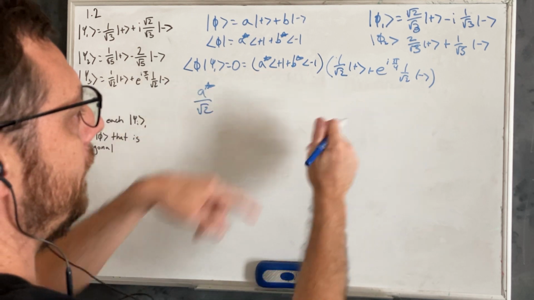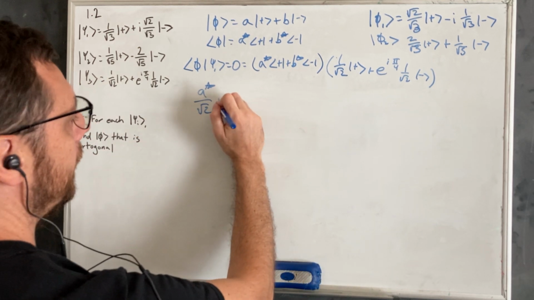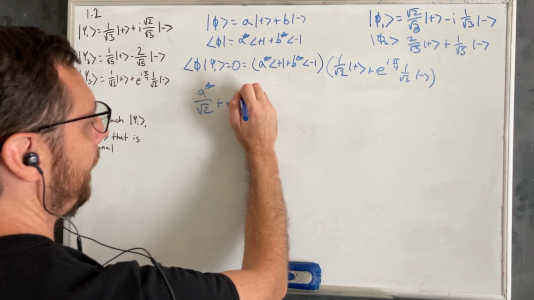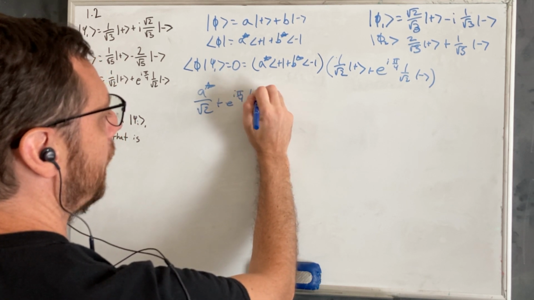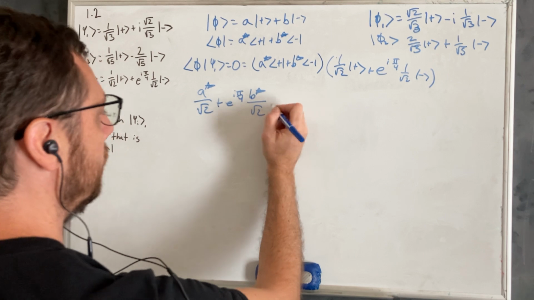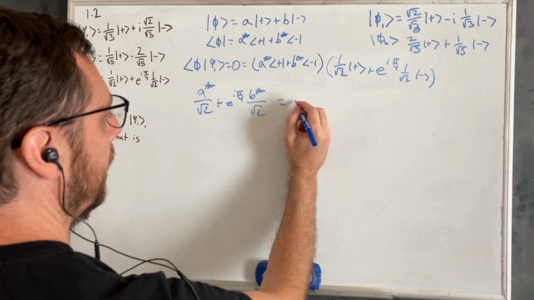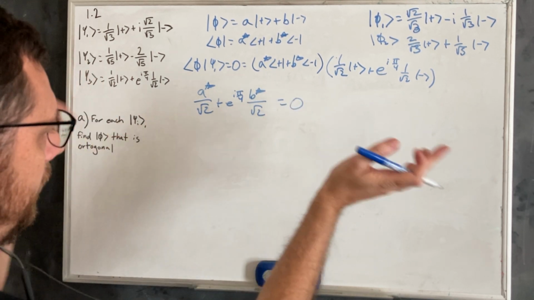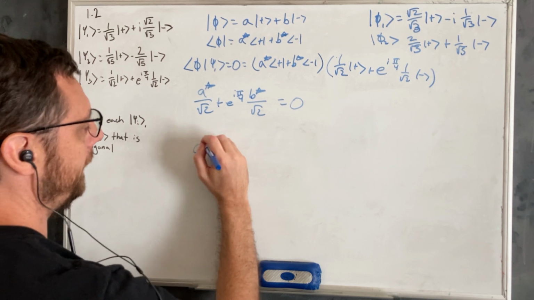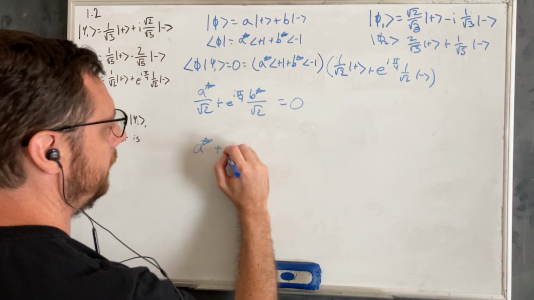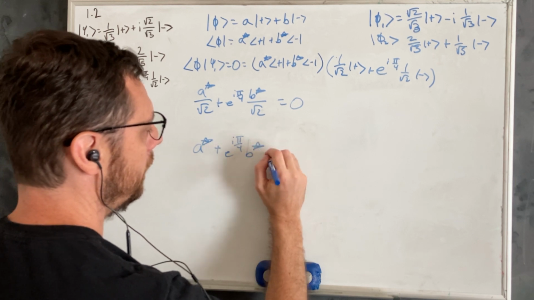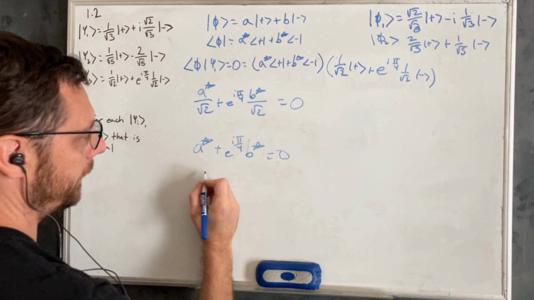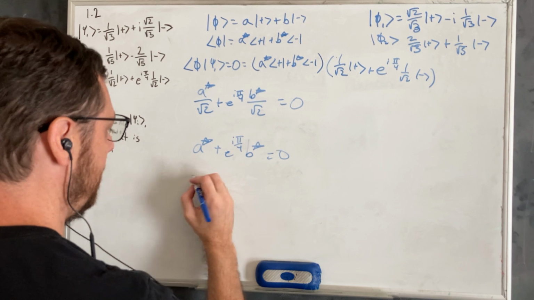Our last terms here would be plus e to the I pi over 4, b star over root 2 equals 0. Again, get rid of these root 2's, so we have a star plus e to the I pi over 4, b star equals 0. Let's go ahead and solve for b star.